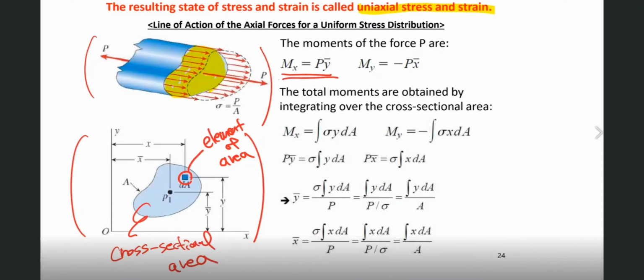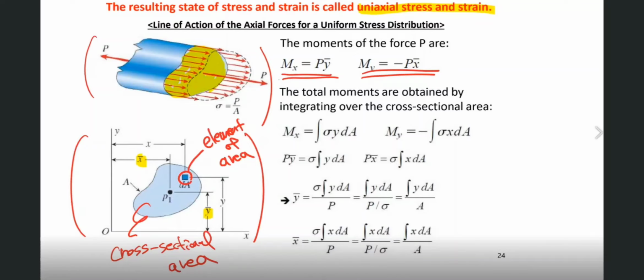We know that using the perpendicularly applied loading condition, multiplied by the moment arm, we can identify the specific moment, right? So the two different moments of the force P, Mx and My, can be identified. In this case, P y bar minus P x bar, something like that.